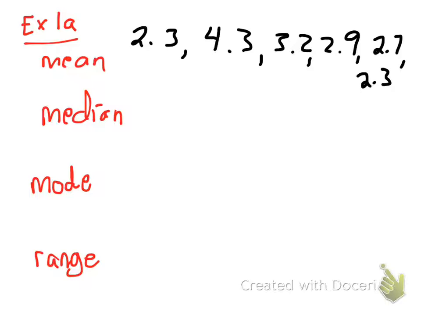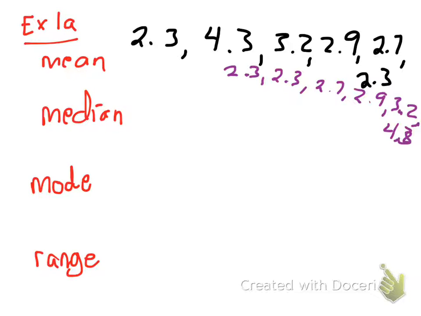Alright, you should have started by reordering the entire data set, right? So I'm going to go ahead and rewrite the data set in number order. 2.3, 2.3, 2.7, 2.9, 3.2, 4.2, 4.3.